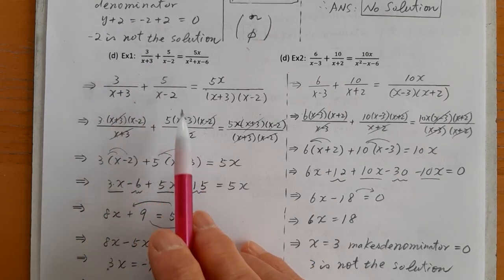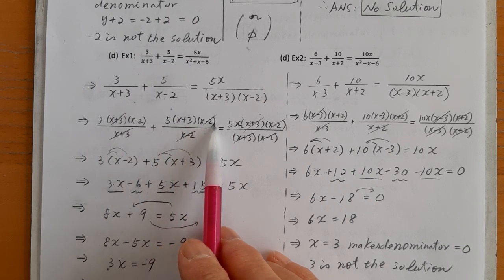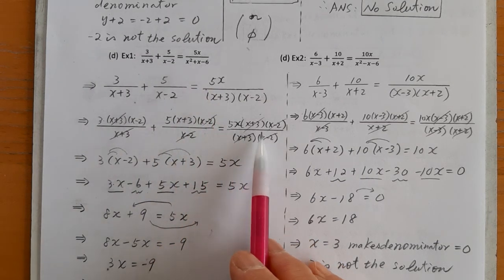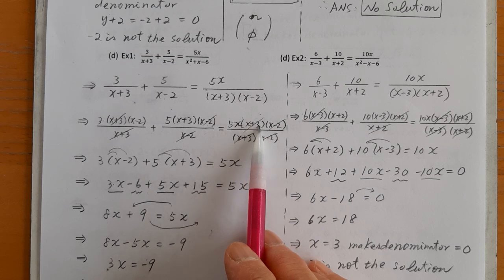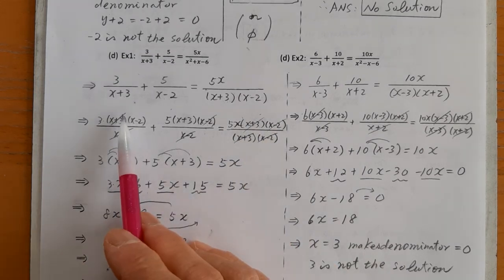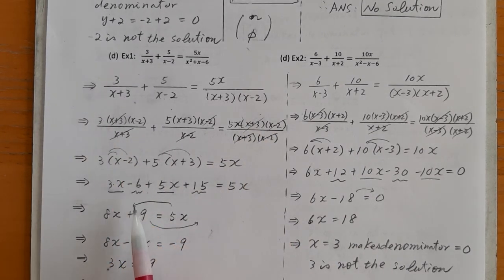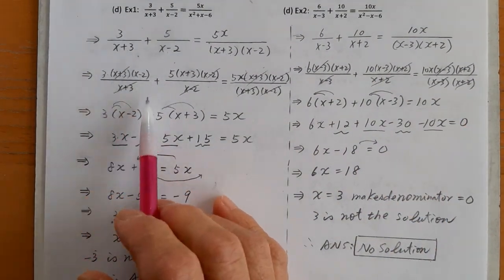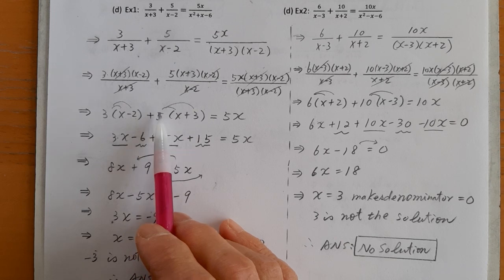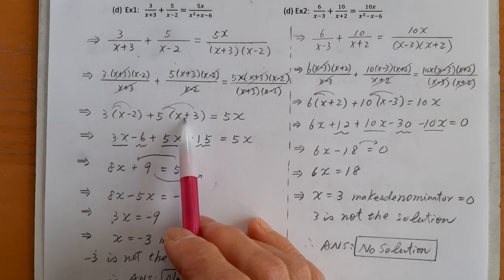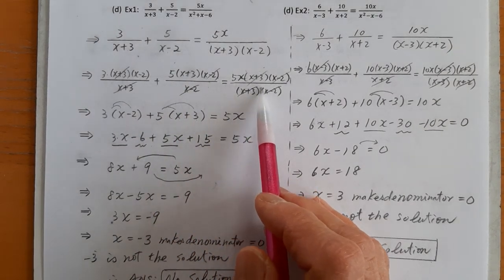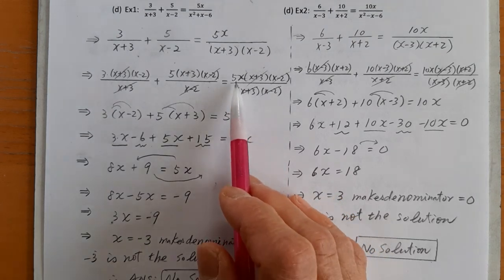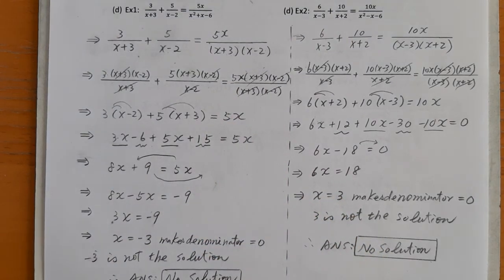The first term, the second term, and then the right side, each times x plus 3, x minus 2. Then you cancel, and you get 3 times x minus 2 plus 5 times x plus 3 equals, with x plus 3 and x minus 2 canceling, 5x.